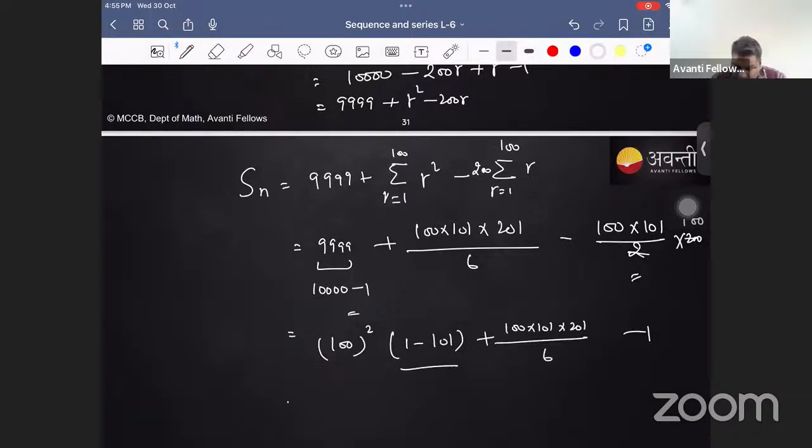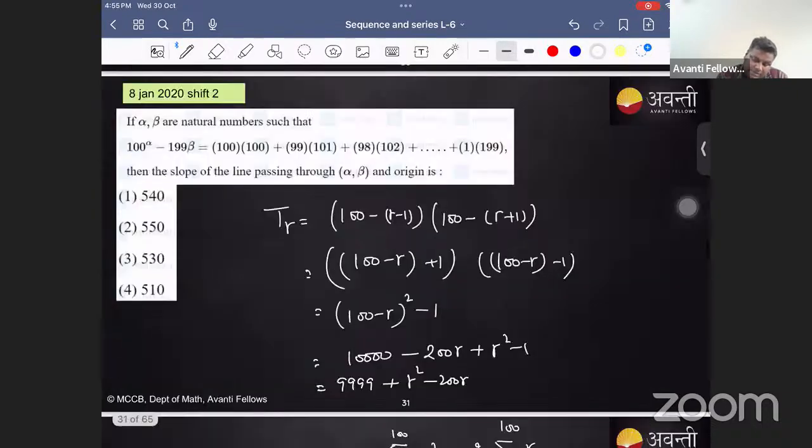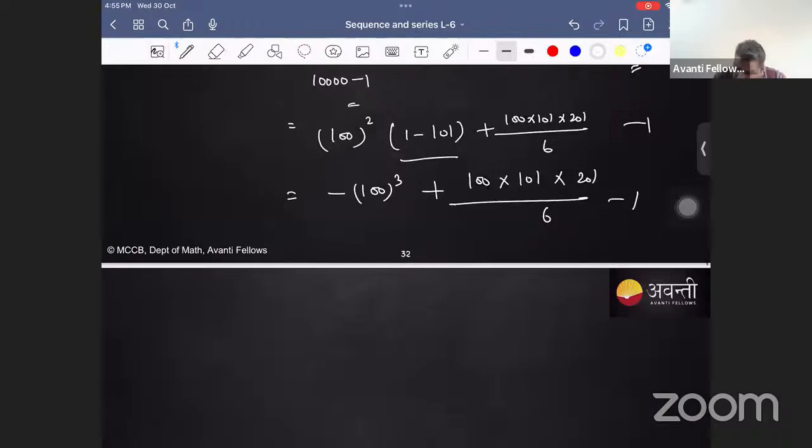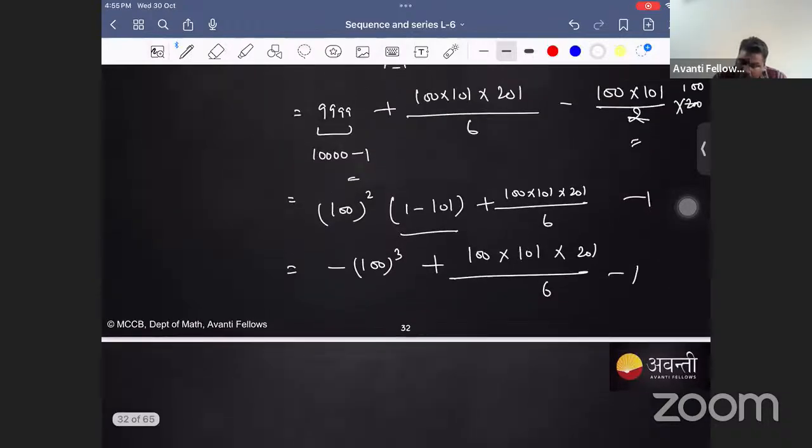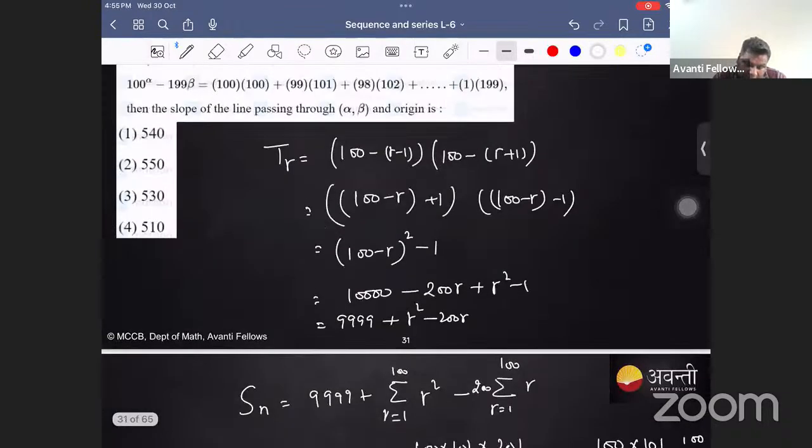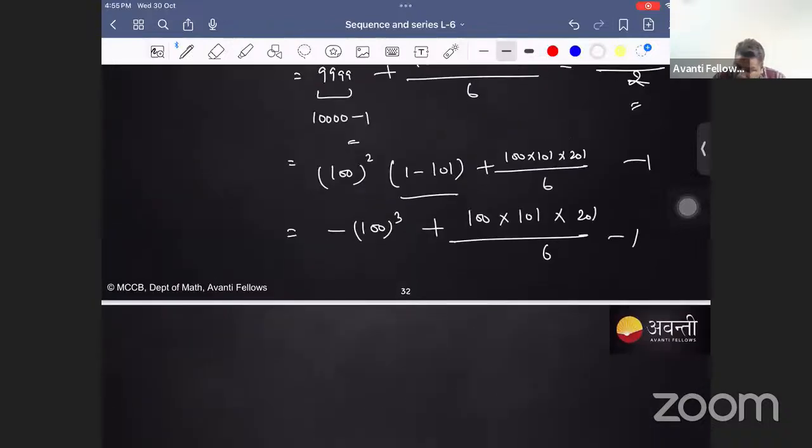So this is again minus 100 cube plus 100 into 101 into 201 upon 6 minus 1. Then 100 to the power alpha, 199 beta.